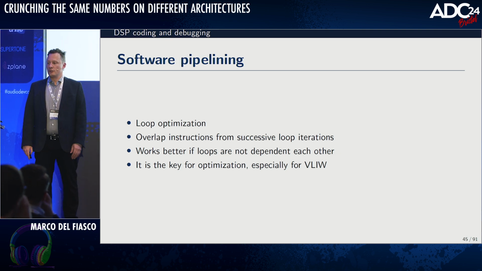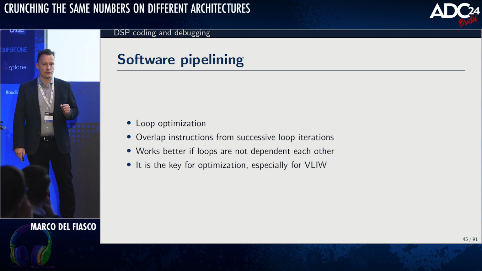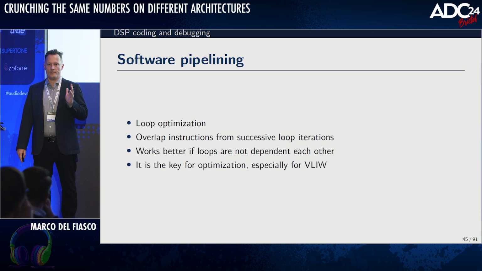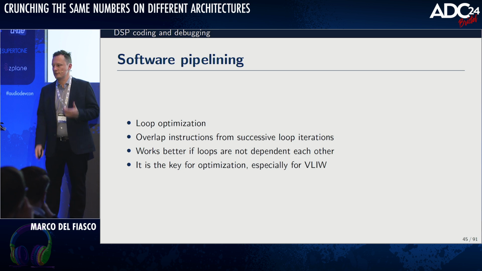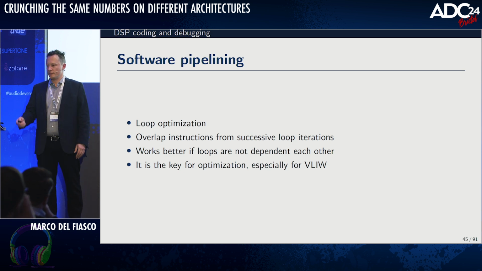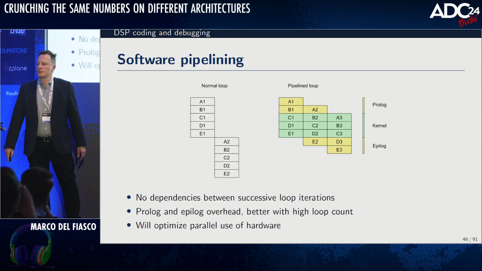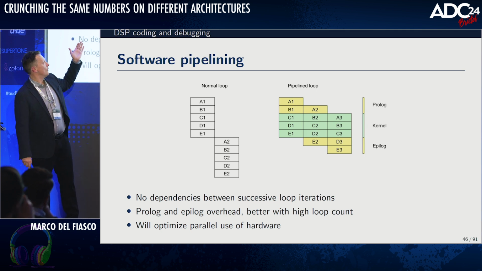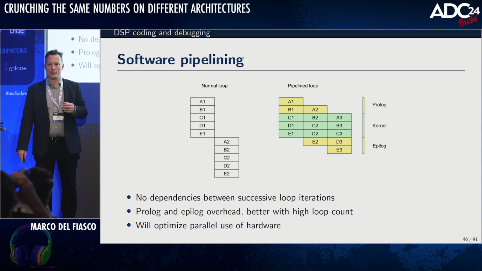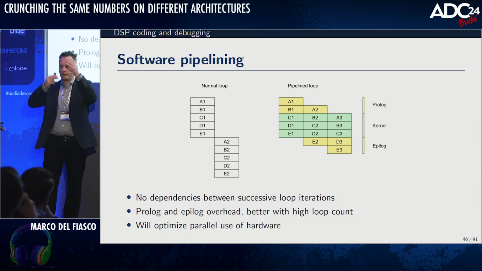Software pipelining. This is a loop optimization technique that many compilers use to optimize the loop. It consists of overlapping instructions from successive loop iterations. And we can jump to this. So the normal loop is 5 instructions long. If you don't apply pipelining, you need to wait for those instructions to complete and start the next loop.